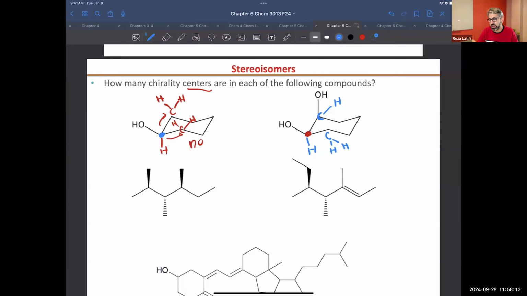So those two carbons are not identical, and the reason is the OH. Because I see four different groups attached to it, I do have a stereocenter. And do I have another stereocenter? Here, that one also is a stereocenter. So we have two stereocenters, and I'm going to show them by the stars.